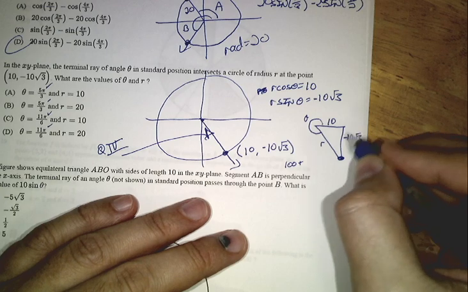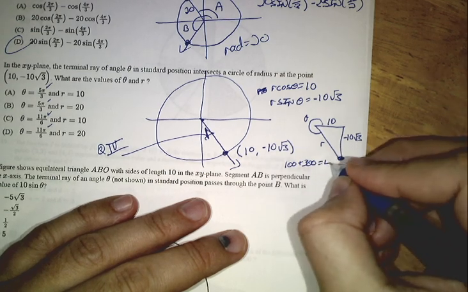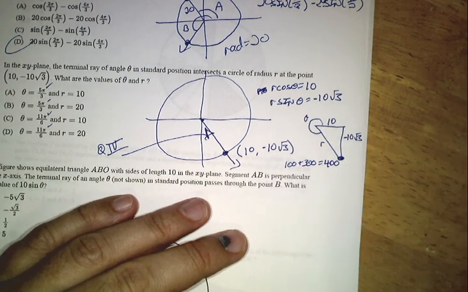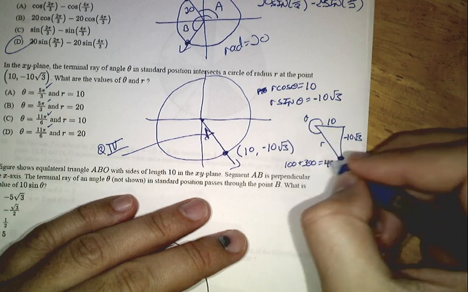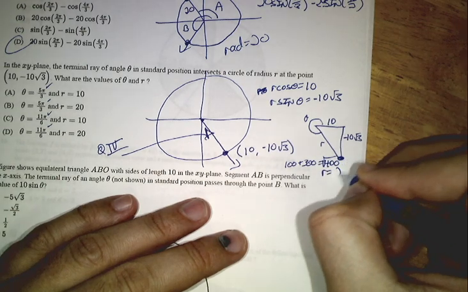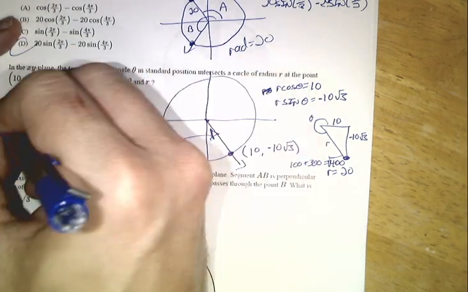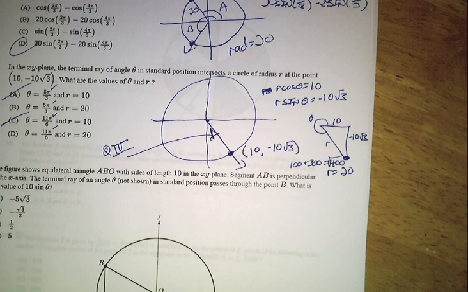Root 3 squared is 3, and 100 times 3 is 300, so the sum is 400. We take the square root of that, so we should get r is equal to 20. Okay, so that cancels out A and C. Great. r is equal to 20.